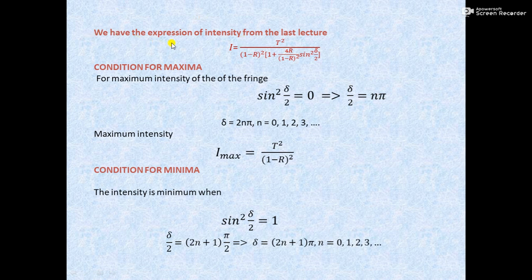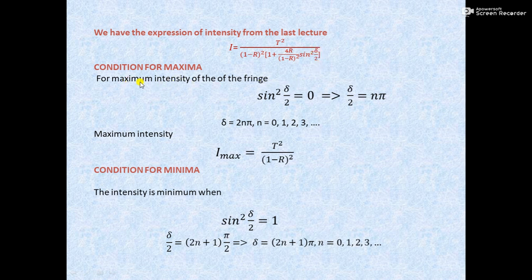From the last lecture, we have got the expression of intensity: I is equal to T square by 1 minus R square multiplied by 1 plus 4R by 1 minus R square sin square delta by 2, where I is the intensity, T is the transmission coefficient, R is the reflection coefficient and delta is the phase difference.